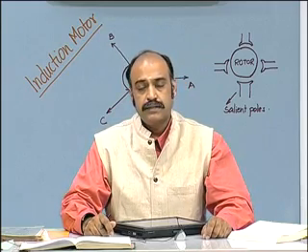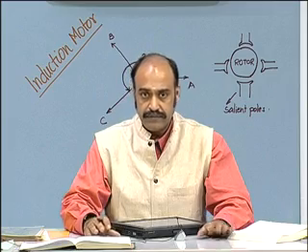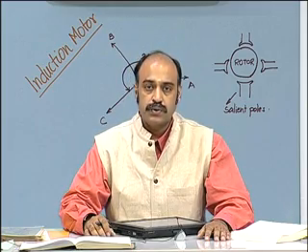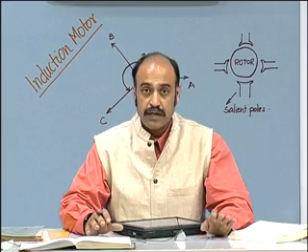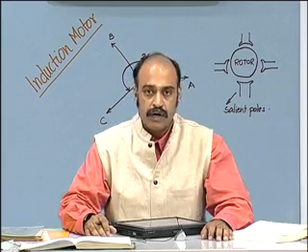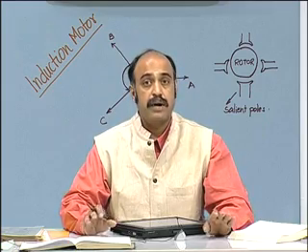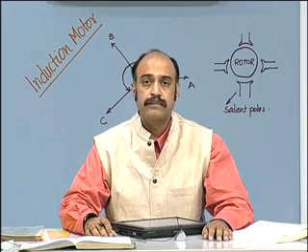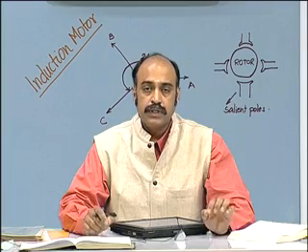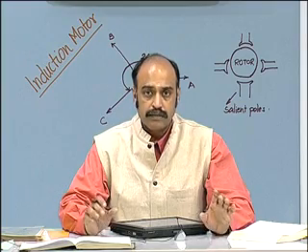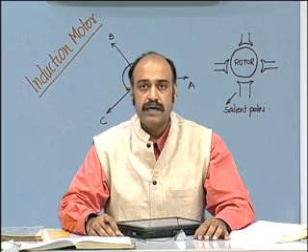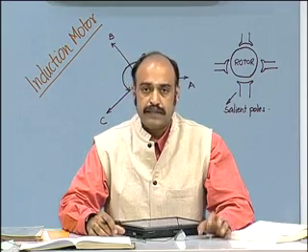We saw that if we apply a three-phase voltage or three-phase source to the stator coils, then the three-phase currents, which are 120 degrees spaced apart in the time axis, are applied to the three coils, the poles in the stator, which are placed mechanically 120 degrees apart.